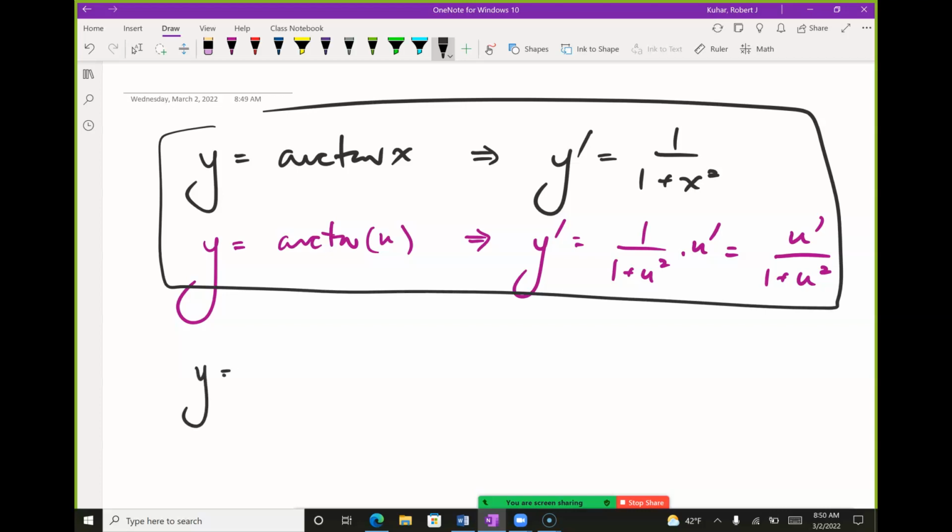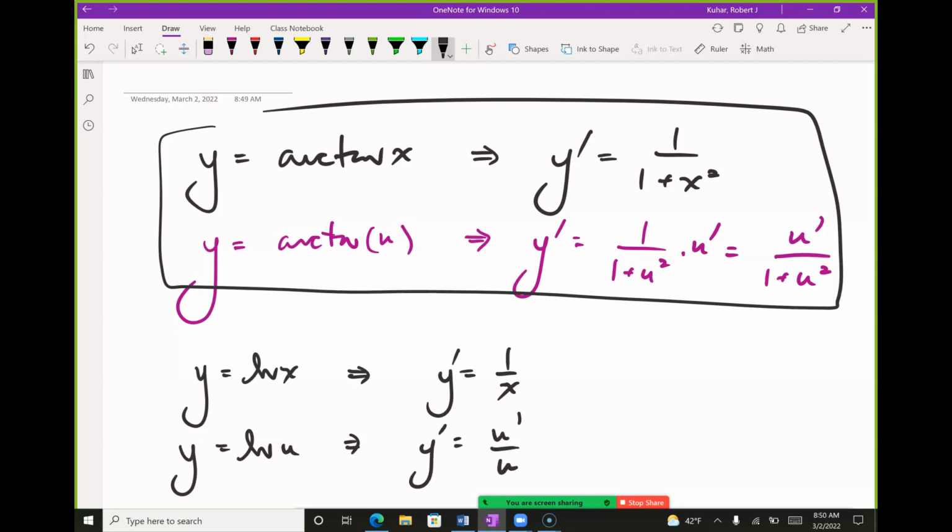So if I looked at y equals ln of x, y prime is 1 over x, but now I should have y equals ln of u gives me y prime is u prime over u. I have to think of these chain rule versions of everything now. And we'll talk more about this one on Friday.